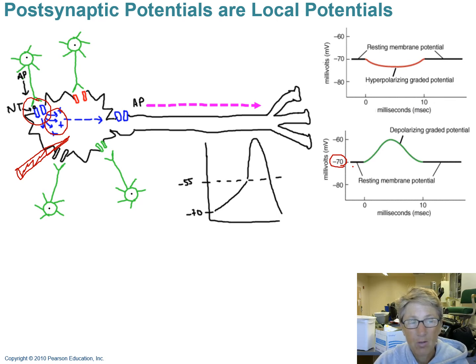Now the neurotransmitter binds to the ligand-gated channel and positive charges flow in. This would be an excitatory postsynaptic potential, because look what happens over here on our graph. It gets less negative or more positive, but see, it only goes to about -60 millivolts. So it's still depolarizing. Sodium is rushing in here. That's a depolarization event right here. But this is a graded potential as opposed to our action potential.